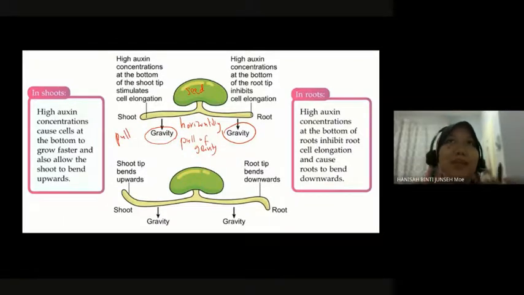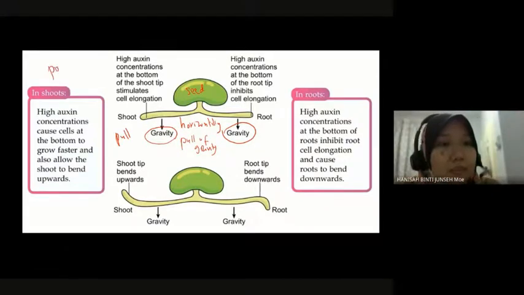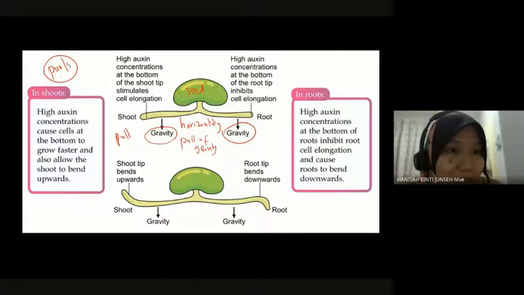Sebab nanti ada perkataan pulse. In your textbook, they use the term pulse. Kolam. Pull dengan pulse yang ini, kolam. Now I'm talking about pull, tarik. This gravity will pull the auxin.